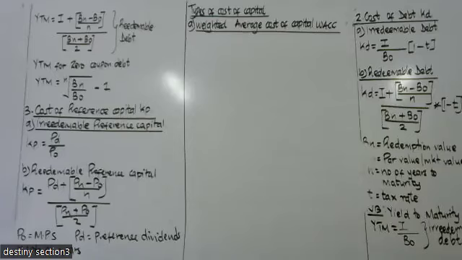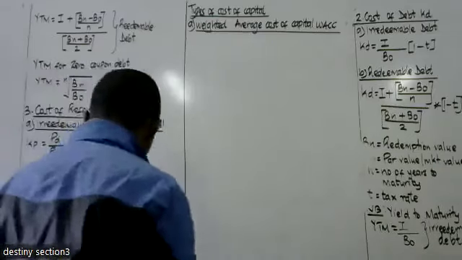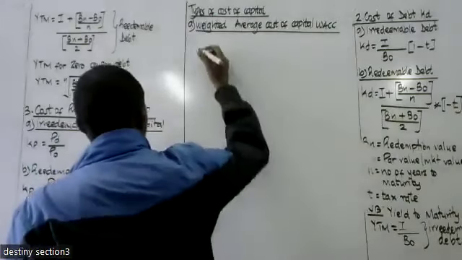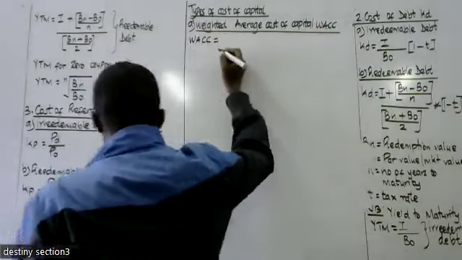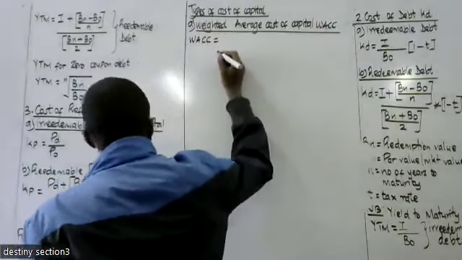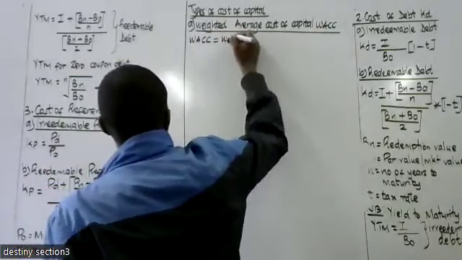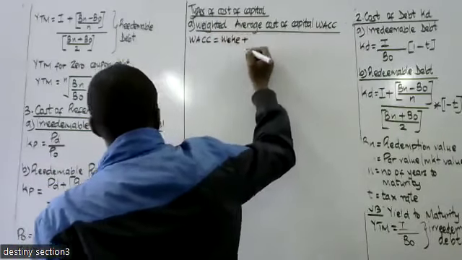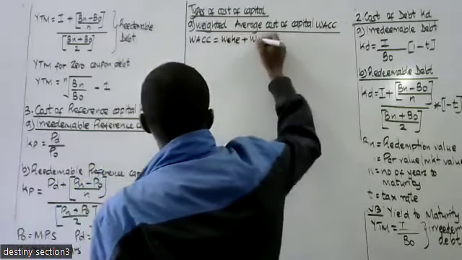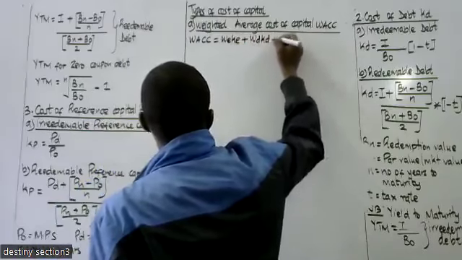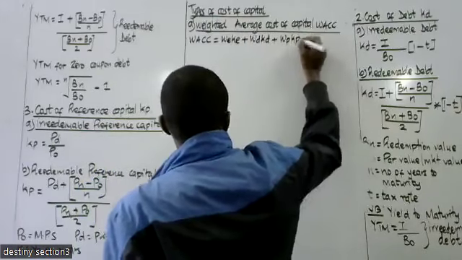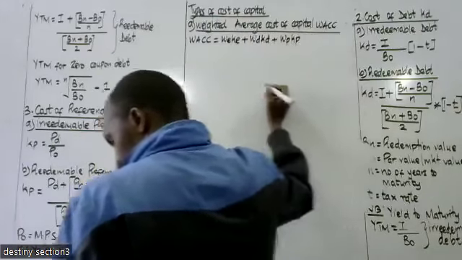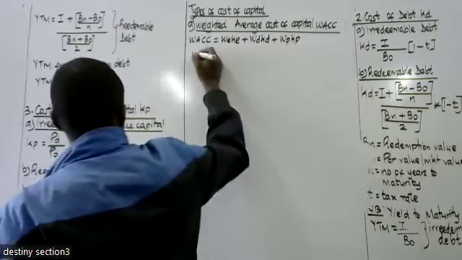It is the combined cost of equity, debts, and preference share capital.